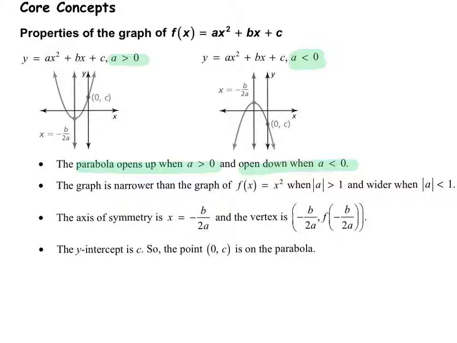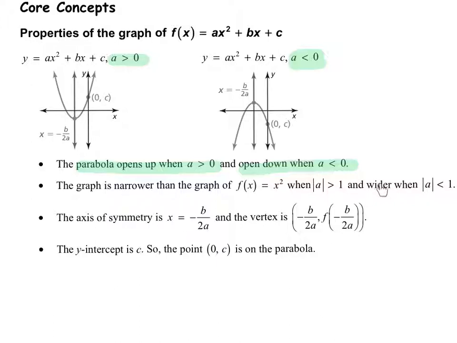We also have learned about the graph getting narrower or wider when we were doing vertical stretches and shrinks. So it holds true for this because it's a function, just like before. If we have a value a in front of x squared, if that absolute value of a is greater than 1, then that means it's going to be a stretch, and so it's going to get narrower.